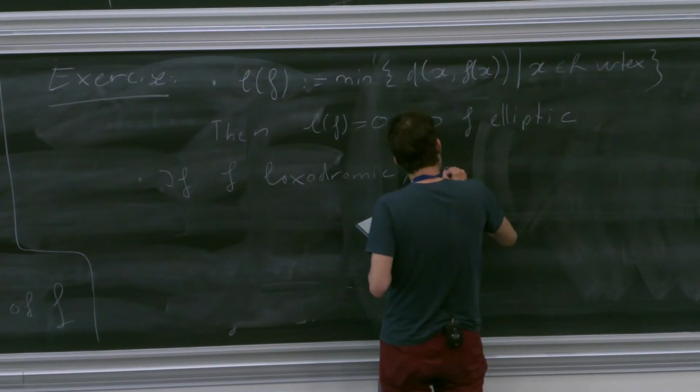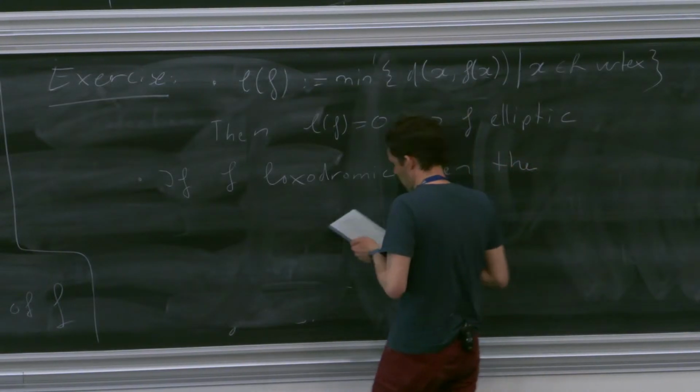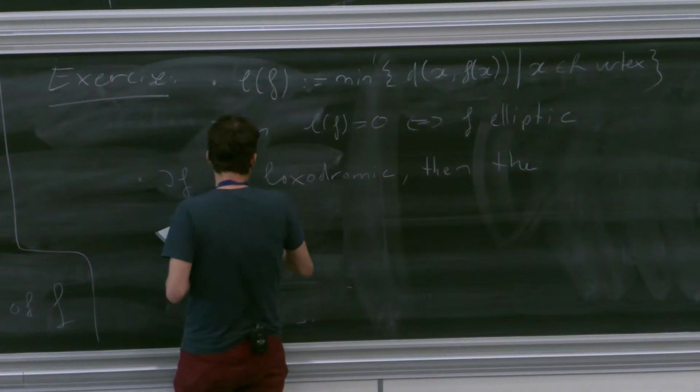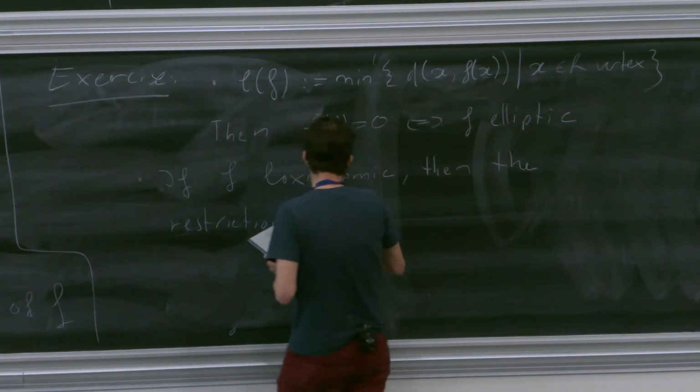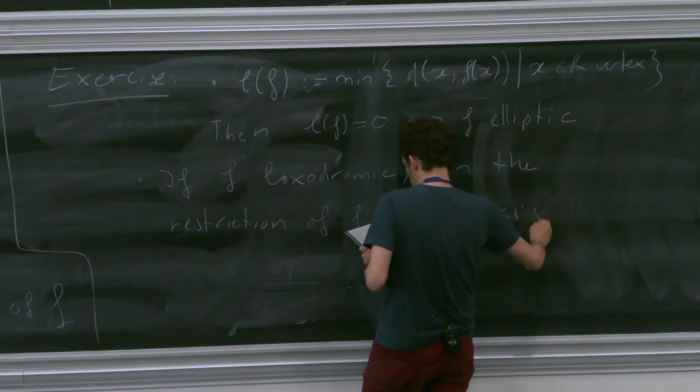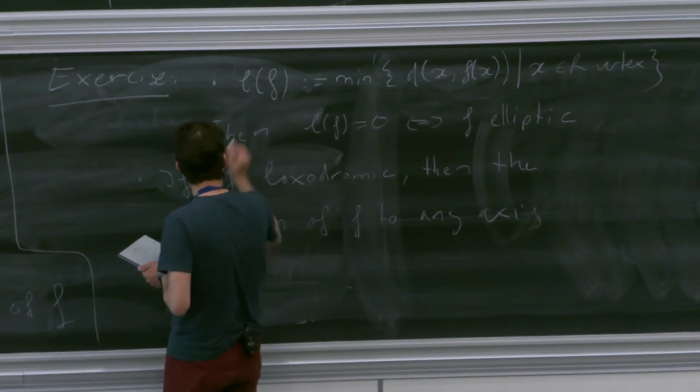And then if f is loxodromic, then the restriction of f to any axis translates by this length.